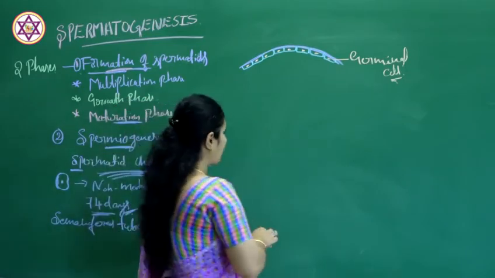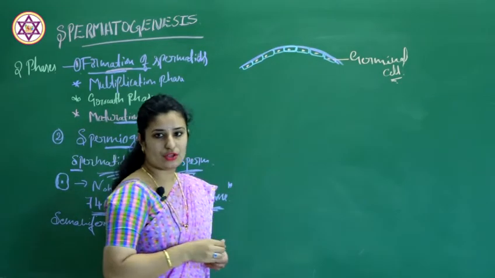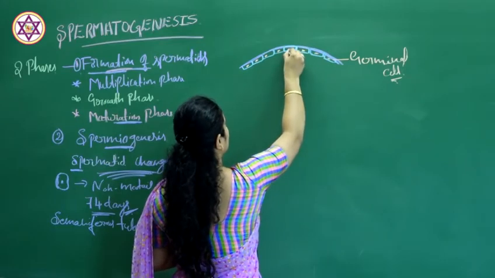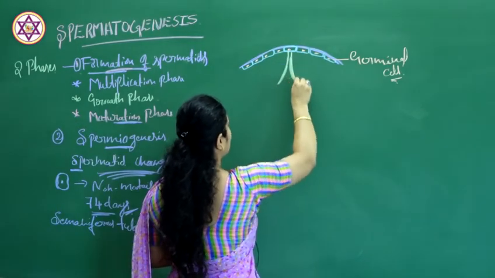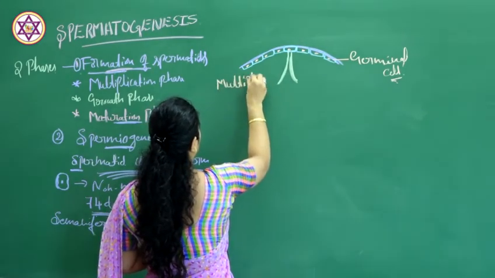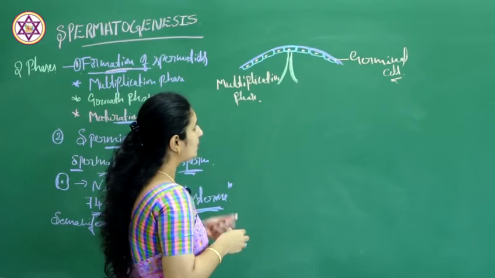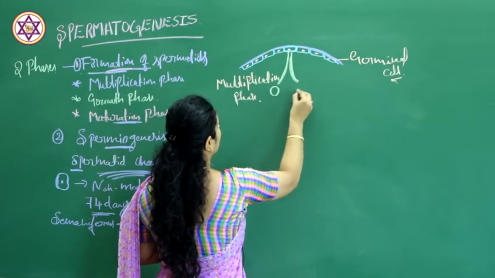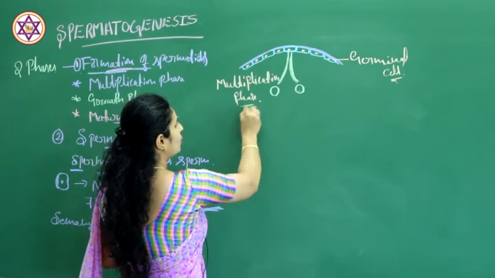Here this particular germinal cell enters into the first stage of spermatogenesis, and that first stage is called the multiplication phase.